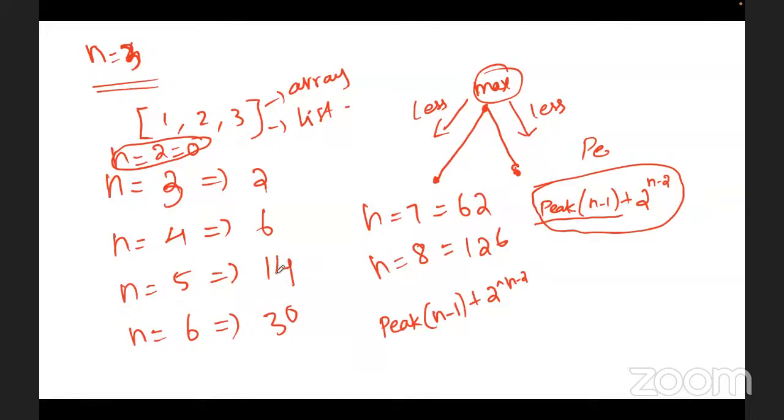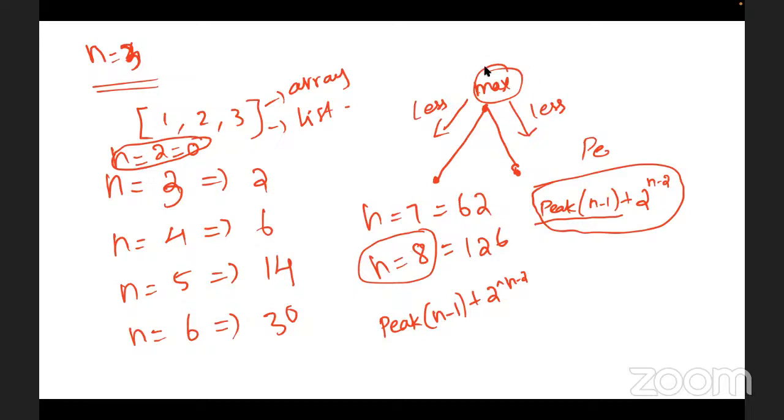Am I right? Like if I want the answer for 8, you have to find the peak value for 7. So why do I need to find the peak value of 7? Instead, I can easily get the peak value of 8 itself, right? So just think it out. Is there any other alternative for this formula?